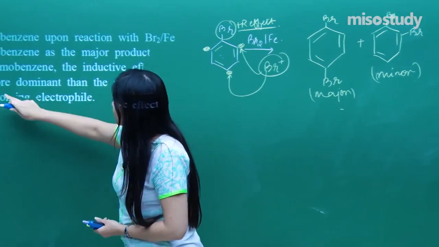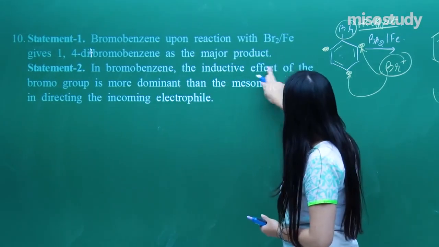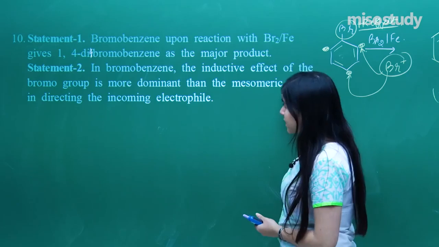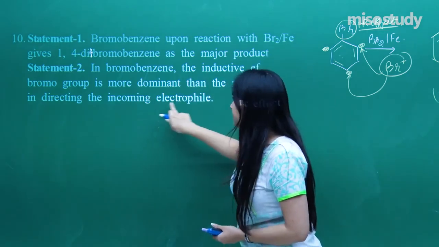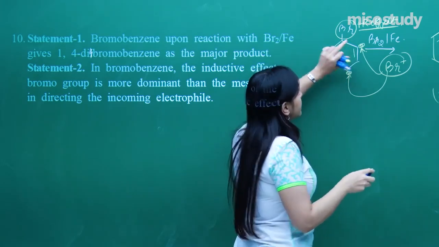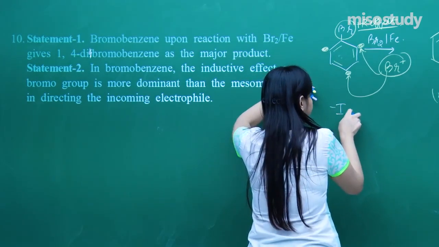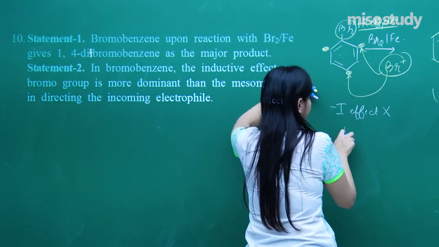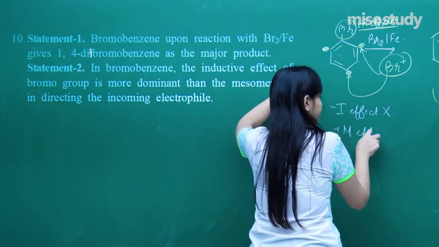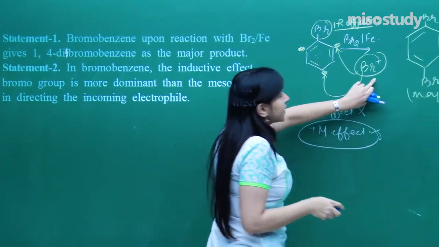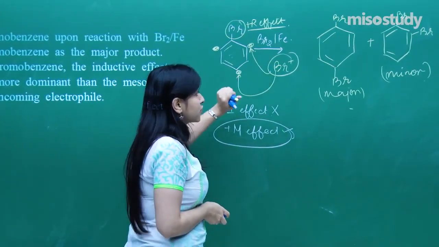Now statement 2 says, in bromobenzene, the inductive effect of the bromo group is more dominant than the mesomeric effect in directing the incoming nucleophile. Is it so? Here, the minus I effect is not predominant, but the plus M effect is predominant, and that is actually making this electrophile attack the ortho and para positions.